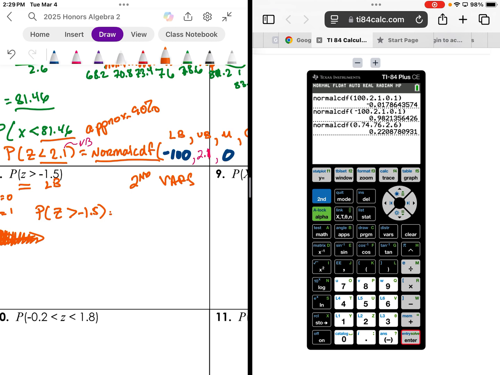So again, to find the probability that Z is greater than negative 1.5, we're going to do a normal CDF. My lower bound is negative 1.5. My upper bound is now something really big, 1,000. My mean is 0, my standard deviation is 1. Again, we're back to using z-scores, which means the mean is always 0 and the standard deviation is always 1.